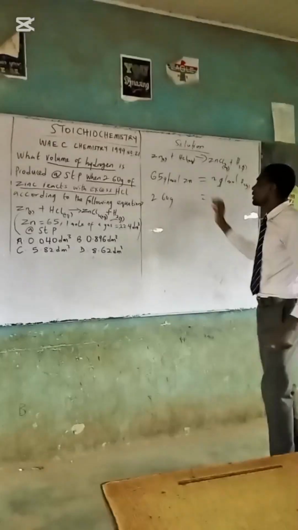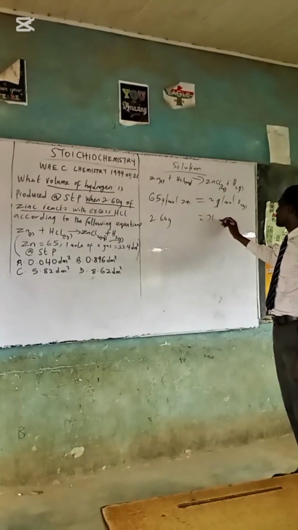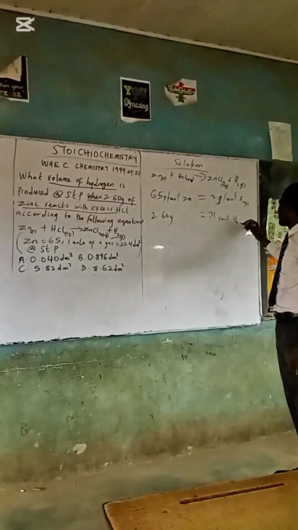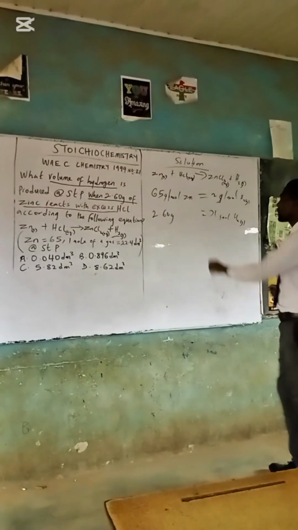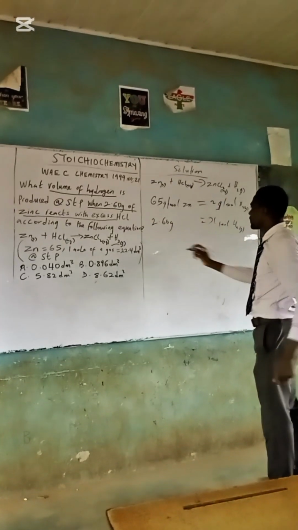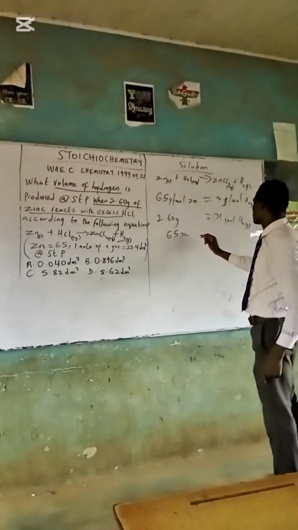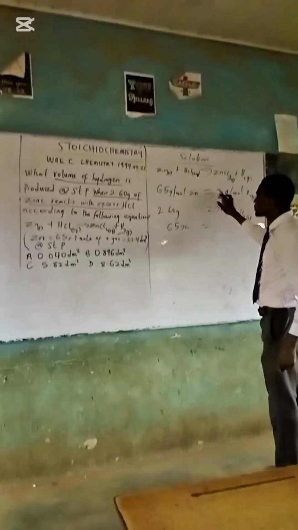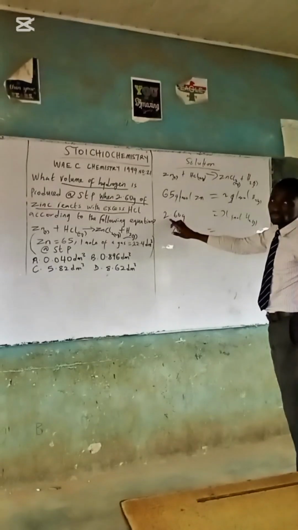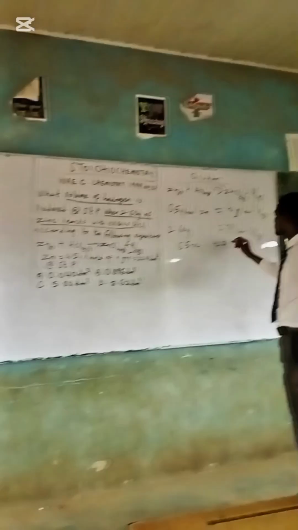Now, when you cross multiply, we say x grams per mole of hydrogen gas. When you cross multiply, we have 65 times x, 65x, equal to 2 times 2.6 grams.